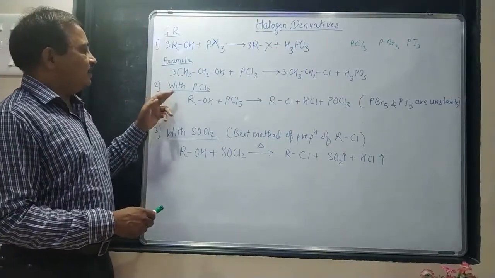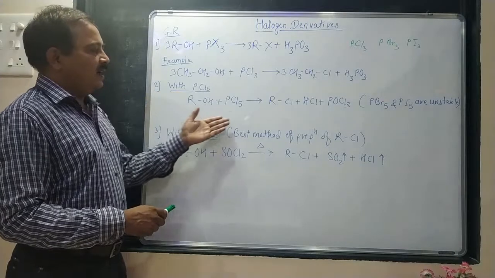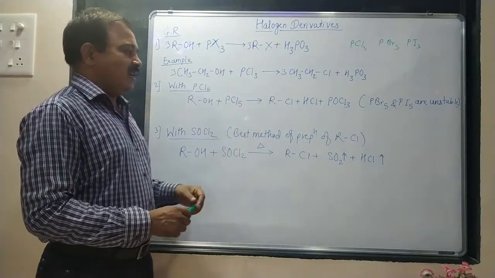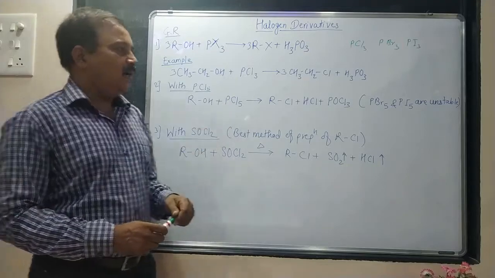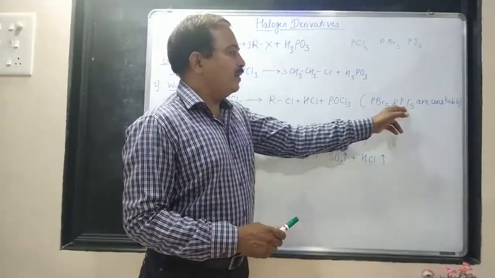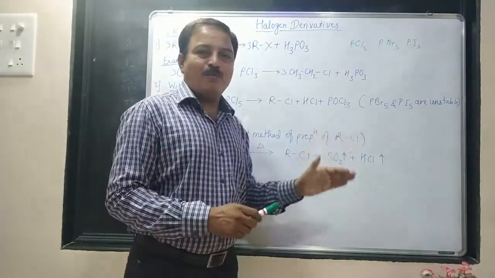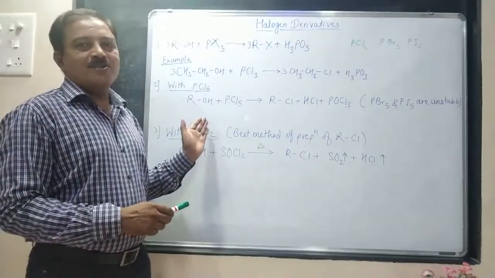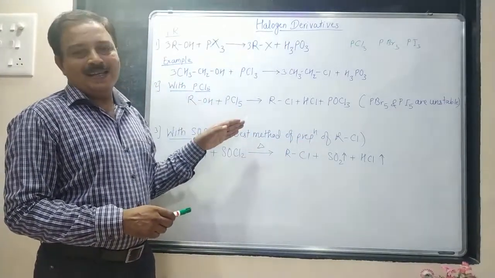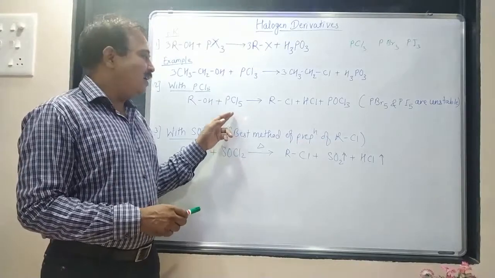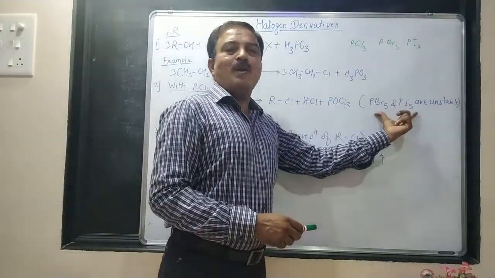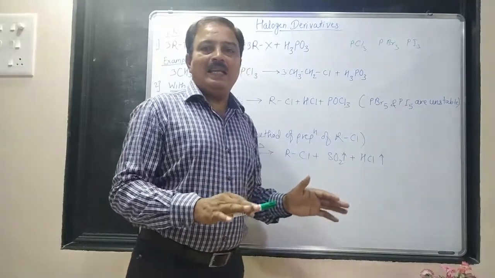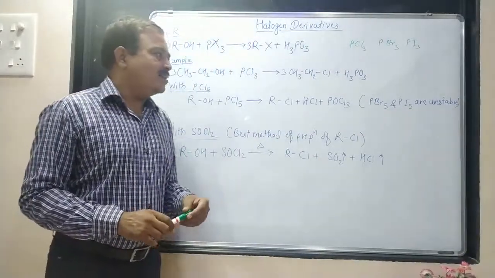Now another example: alkyl chlorides can be prepared by using phosphorus pentachloride. PBr5 and PI5 are not used for the conversion to alkyl bromide and alkyl iodide because these two compounds are very unstable.